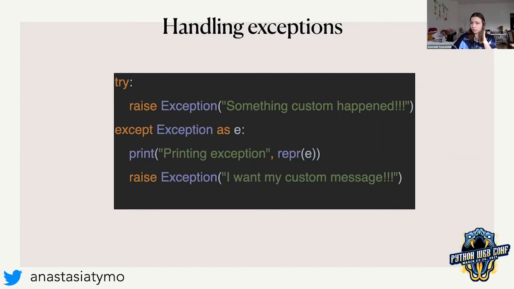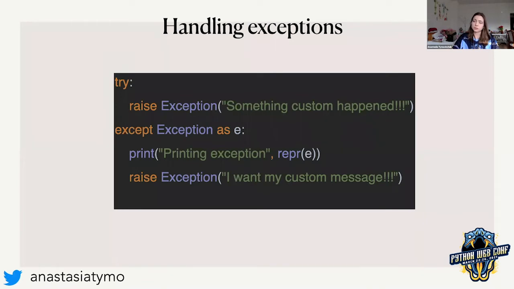In this case, if we are trying to catch an exception with some message, for example, "something custom happened," and then we want to change the message, we would raise the custom exception with another message: "I want my custom message."